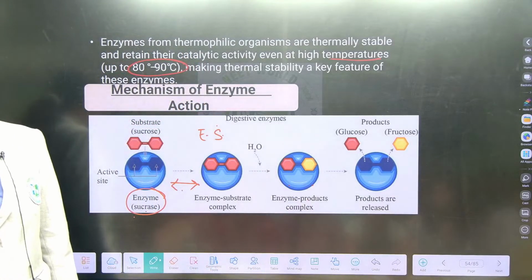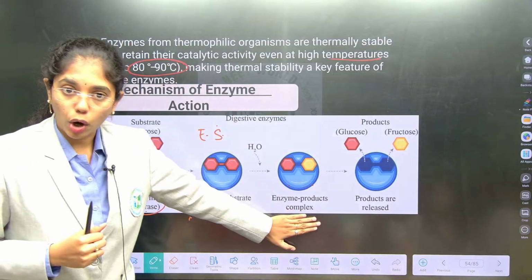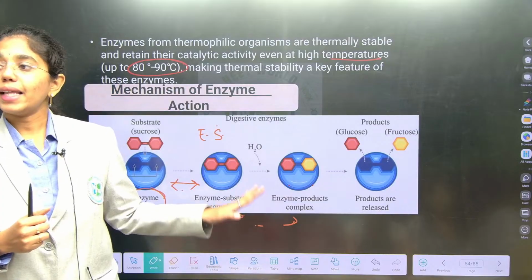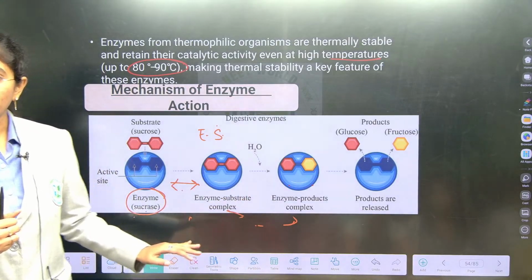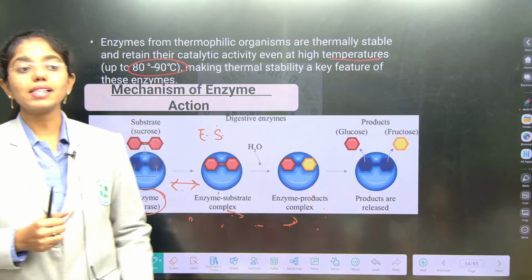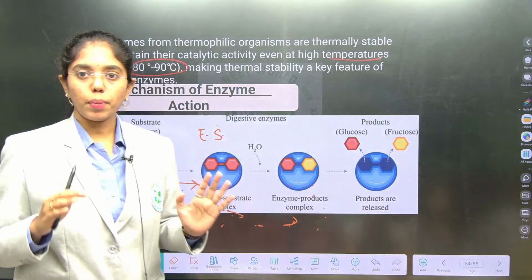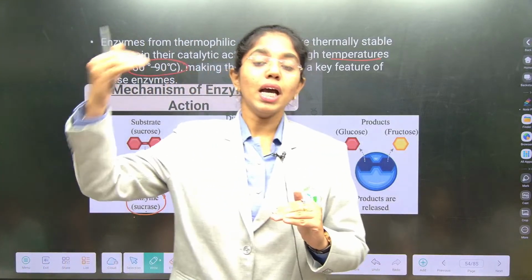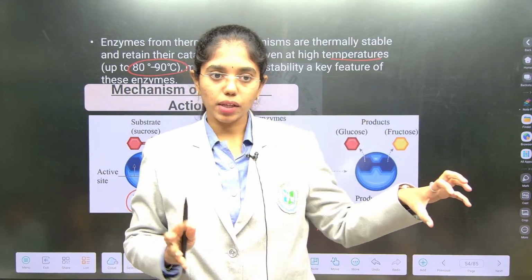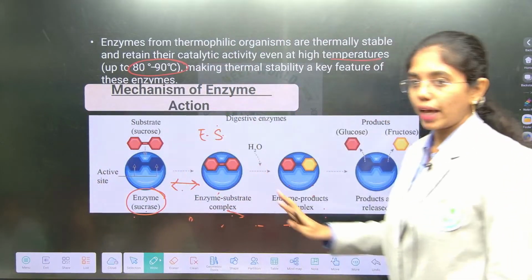The transition from enzyme substrate complex to enzyme product complex is known as the transition state, and the highest amount of energy required for it is known as transition energy. Remember, maximum energy required is transition energy.